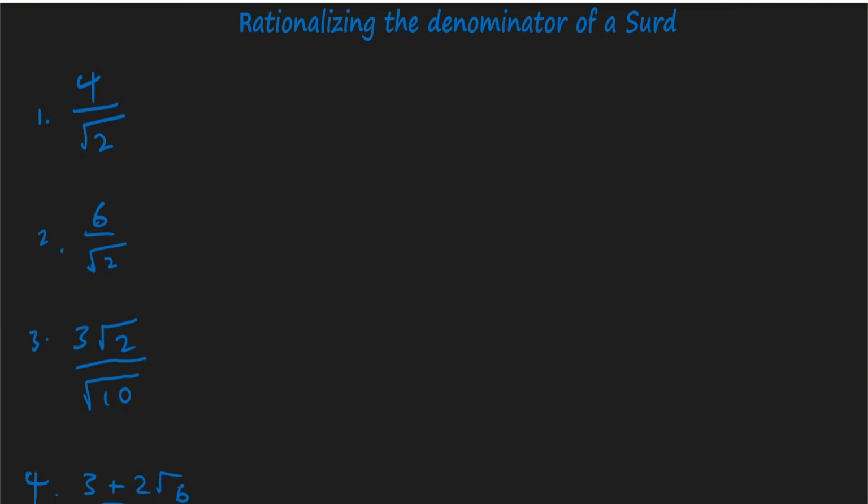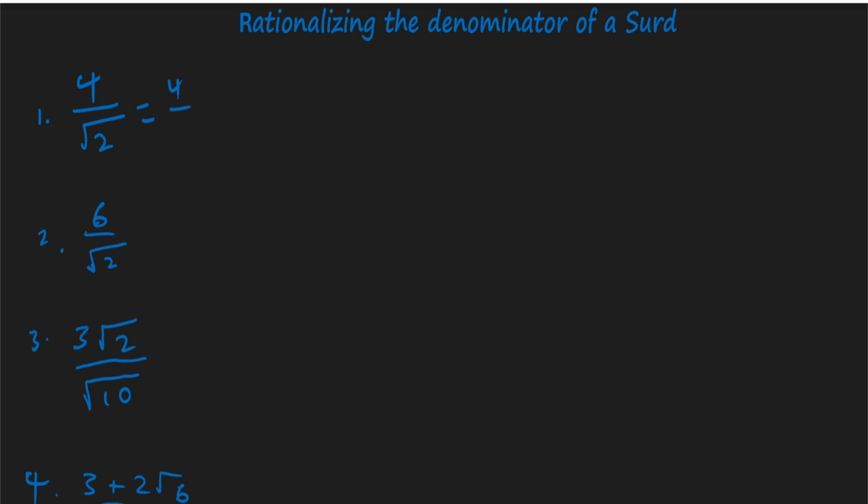How do we do this? This process usually involves multiplying the top line of the fraction and then the bottom line of the fraction by the denominator. So let's get started. We know that the denominator of this fraction is root 2. So I'm going to write the fraction again.